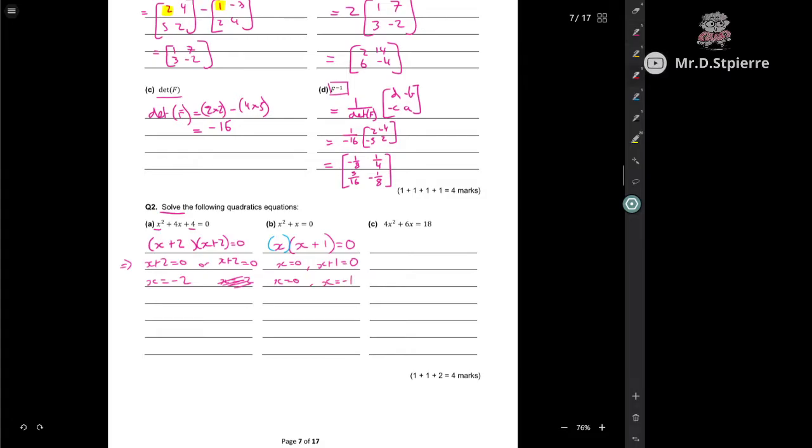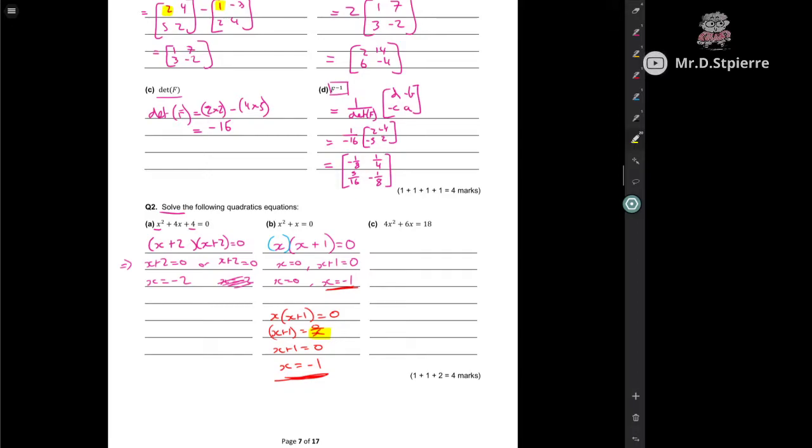Just to show you what some people do, they get x bracket x plus 1 equals 0, and then they go, well, I have x times x plus 1, so divide both sides by x, and it will disappear, so I get x plus 1 is equal to 0, and so I get x equals -1. So we get one of the correct solutions, but because you do this divide by x here, you actually lose one of the solutions.